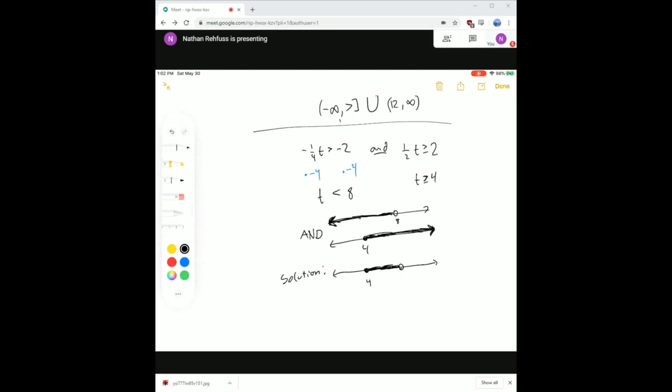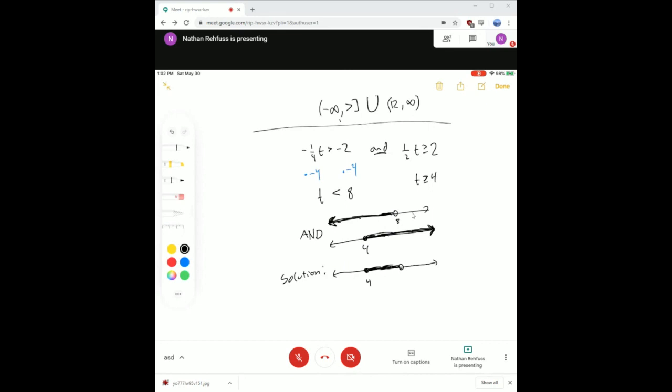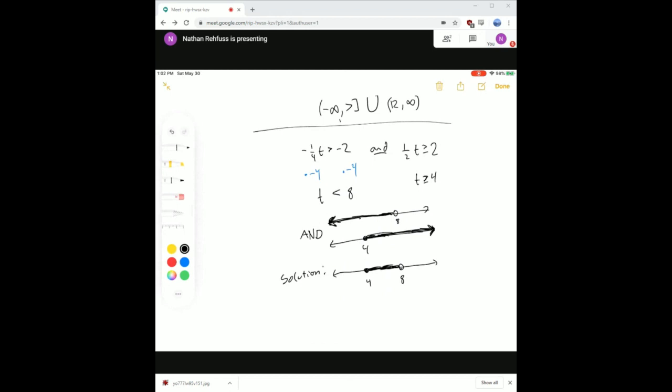So 8 is the first number that doesn't work, and any number 8 or bigger is only on the bottom line, not on the top line. So these are the only numbers that fit both this condition and this condition. They're in both shaded areas. And so we can write our solution as the interval 4 with a bracket to 8 with a parenthesis. Do you see?